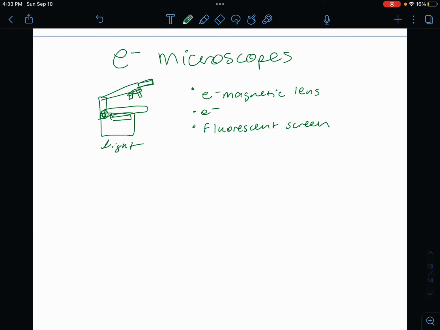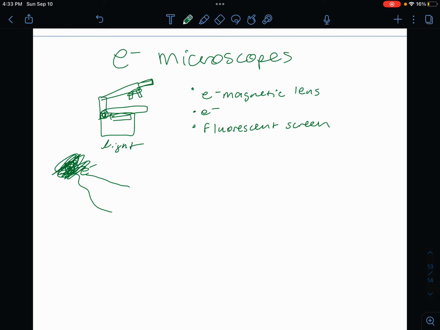We're using a fluorescent screen to view our images from the electron microscope because if we were just using our eyeball, let me just draw a random eye, all those electrons would damage that. That would be really bad for our eye, so that's why we're using a fluorescent screen.